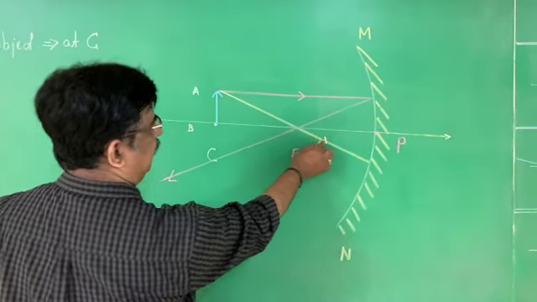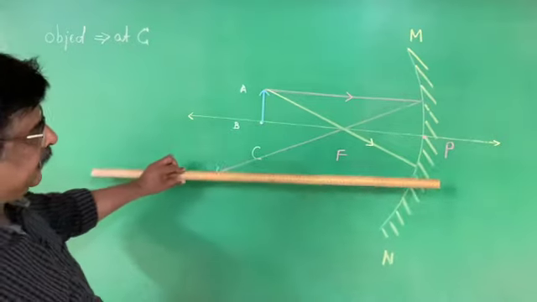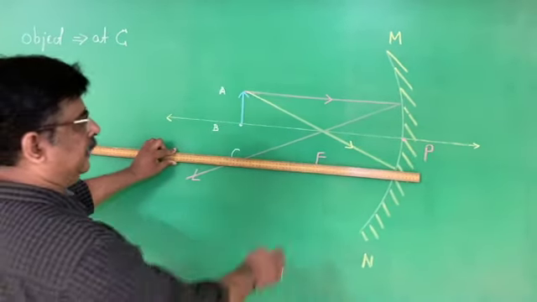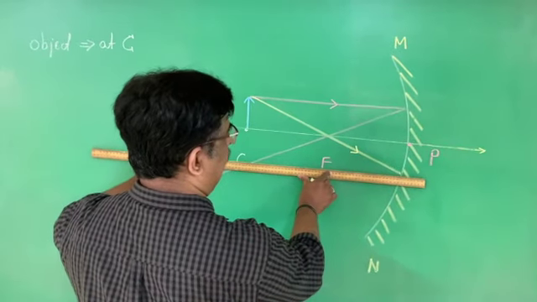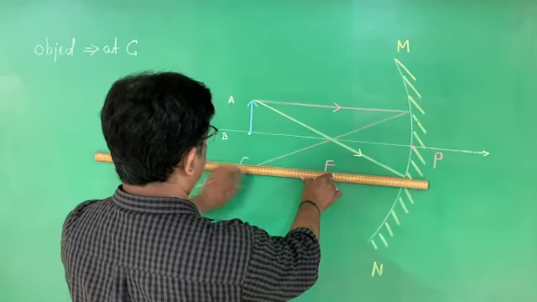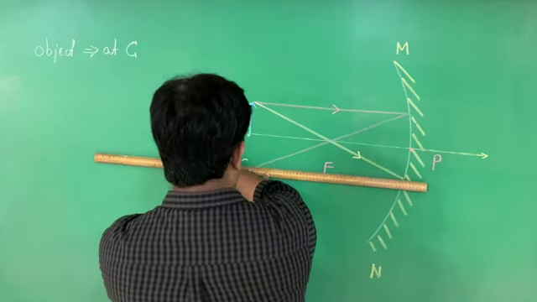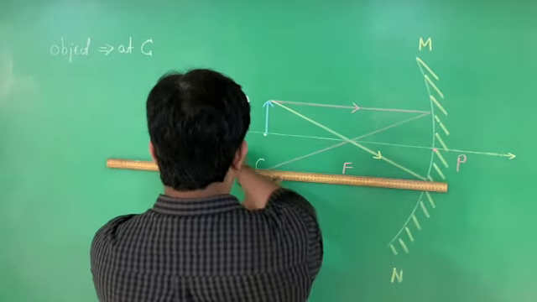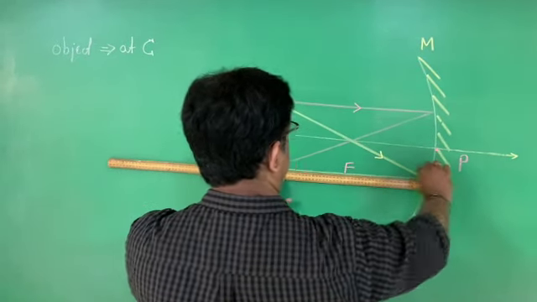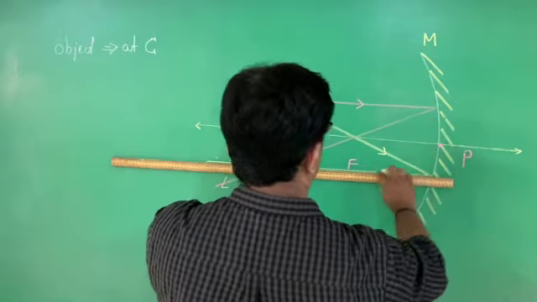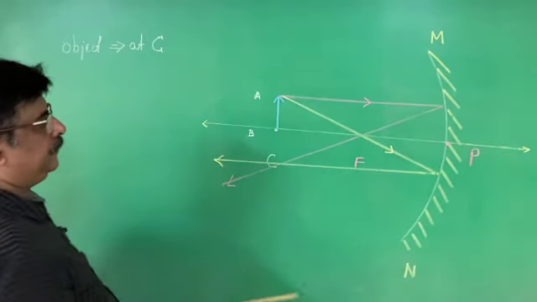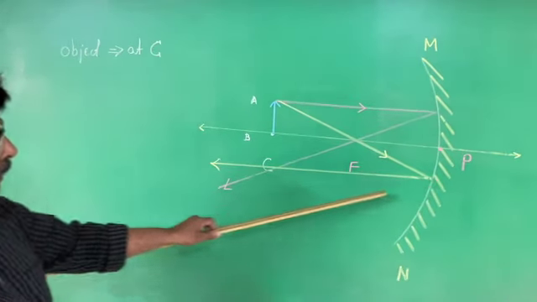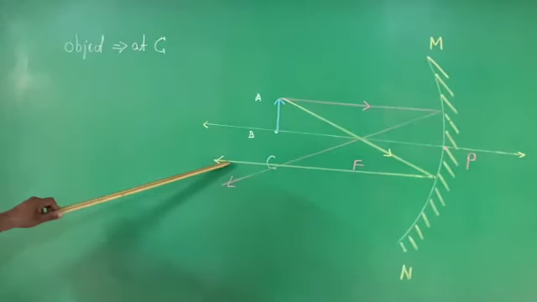This is the incident ray. After the reflection, it has to travel parallel to the principal axis.